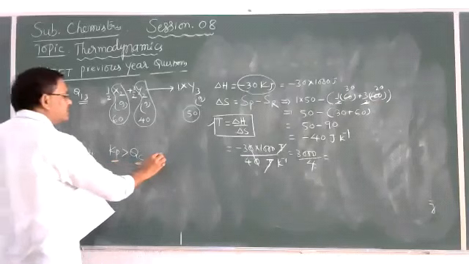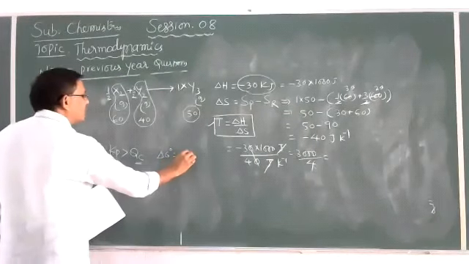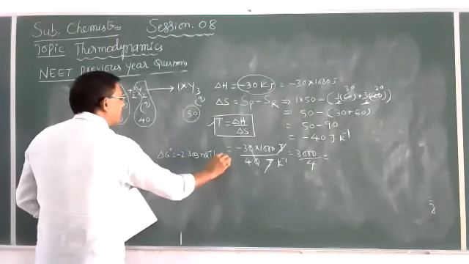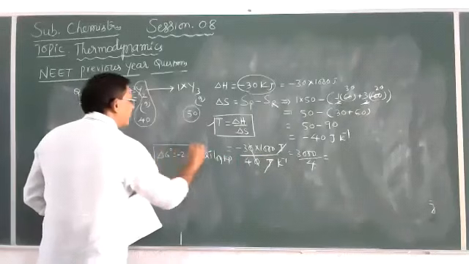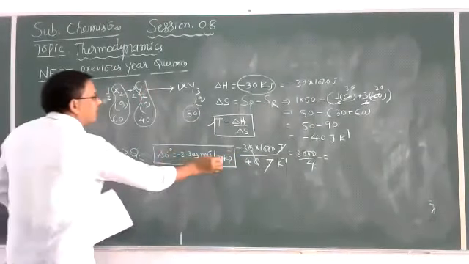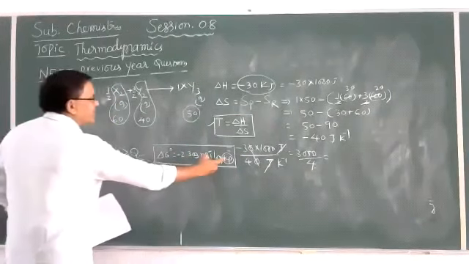To identify this, we want delta G equals minus 2.303 nRT log Kp. This formula we want. Now here Kp is greater, meaning the log is a positive value.